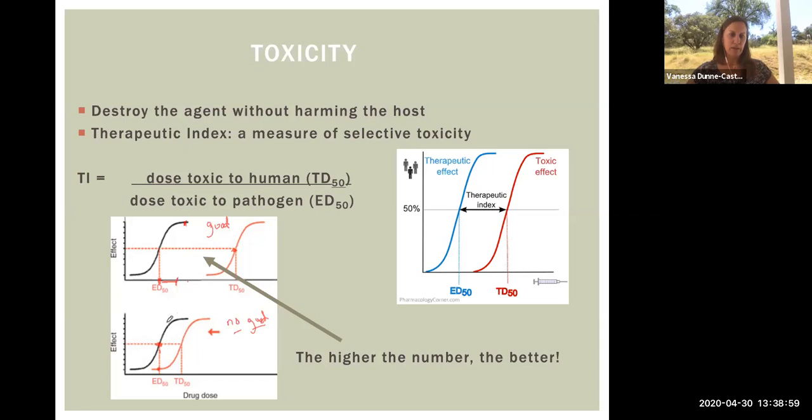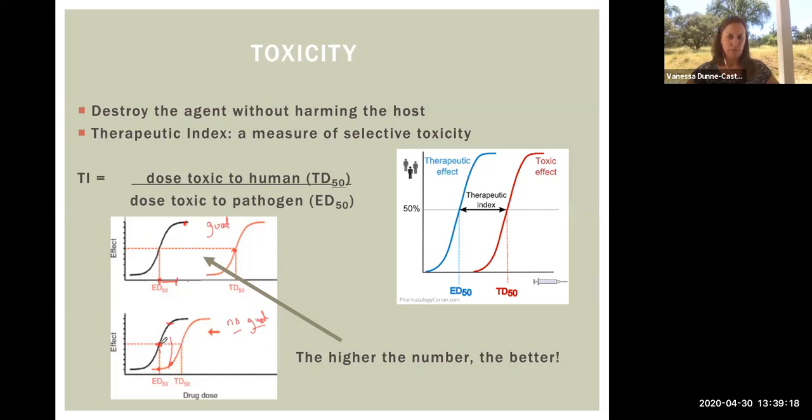And if you're trying to optimize that antimicrobial medication to target the majority of the pathogenic population, you are now having a really high rate of toxicity to the host, right? So anything where these two curves overlap is really no good.